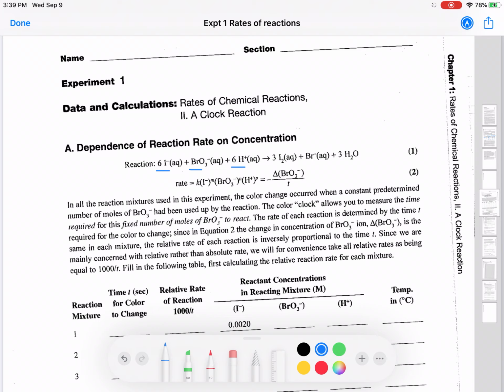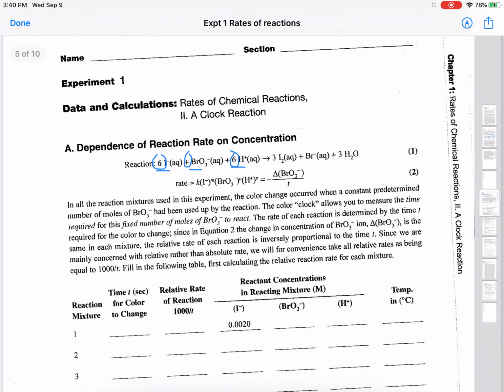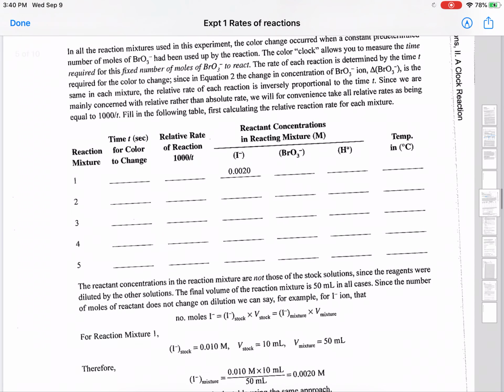The molar ratio we can find out by balancing the reaction. But to find out the orders m, n and p, we have to perform a reaction, and then try to find out the orders of the reaction.